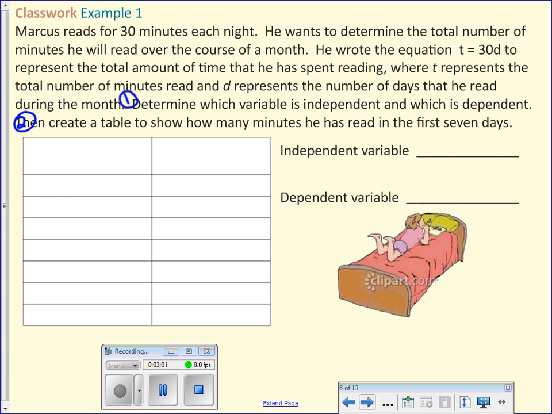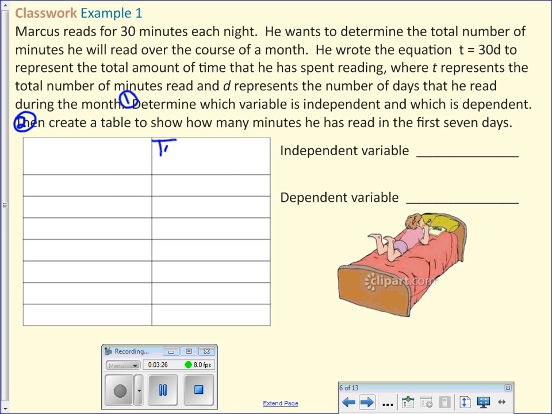What are the 2 quantities that we have? What are the 2 things that we're counting here? Are we counting the number of Marcuses? Are we counting the number of books? Are we counting the number of nights? Are we counting the number of minutes? What are the 2 quantities that we have here? The minutes and days.